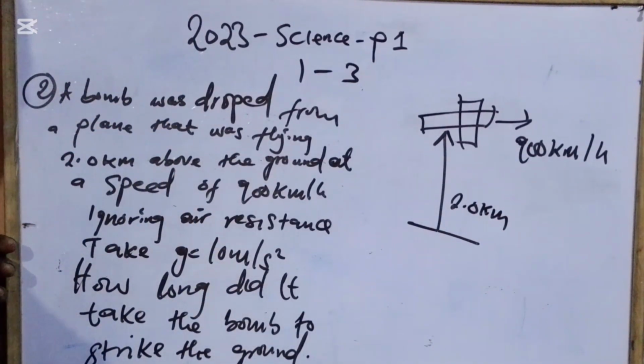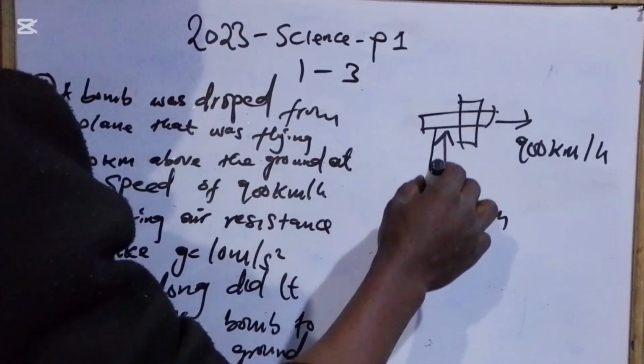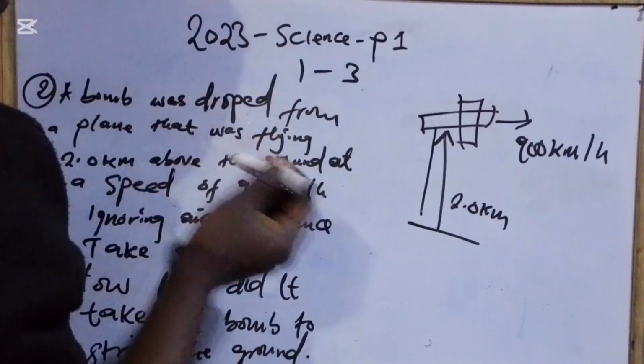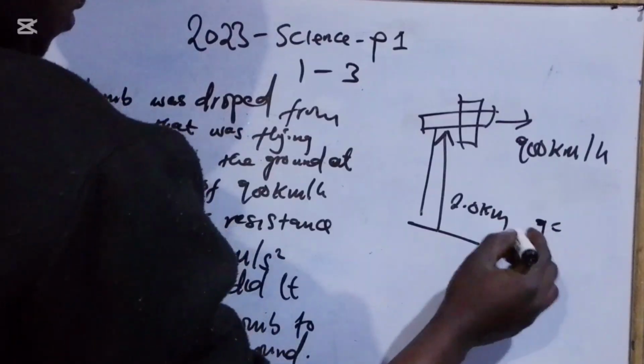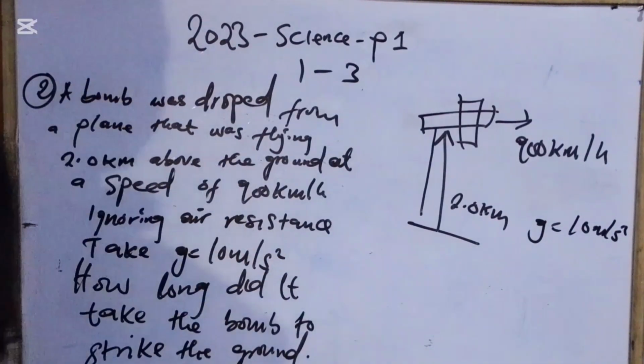Now we are told that there is a gravitational force as this bomb was falling, given as 10 meters per second squared.